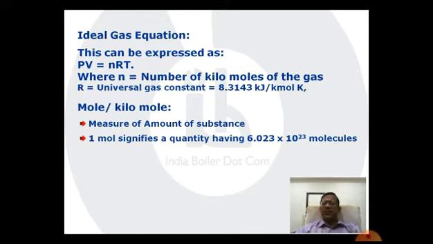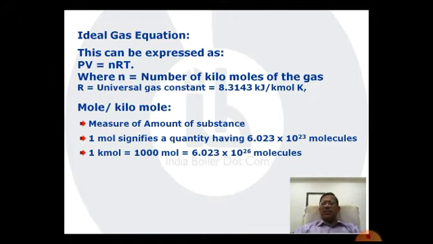The number is not important to remember. You have to remember there is a specific number of molecules together, like 12 we call 1 dozen. Similarly, 6.023 into 10 to the 23 we say is 1 mole. And naturally, 1 kilomole is 1000 moles, so the number will be 6.023 into 10 to the 26.